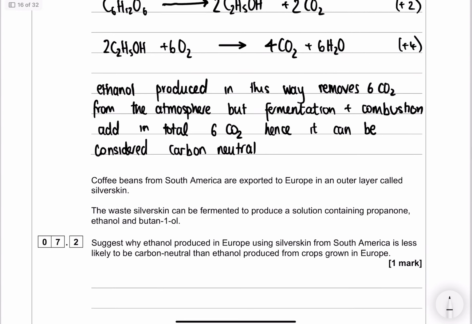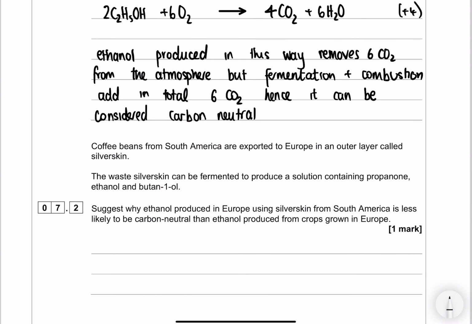Coffee beans from South America are exported to Europe in an outer layer called silver skin. The waste silver skin can be fermented to produce a solution containing propanone, C3H6O, ethanol, C2H5OH, and butanol, C4H9OH.